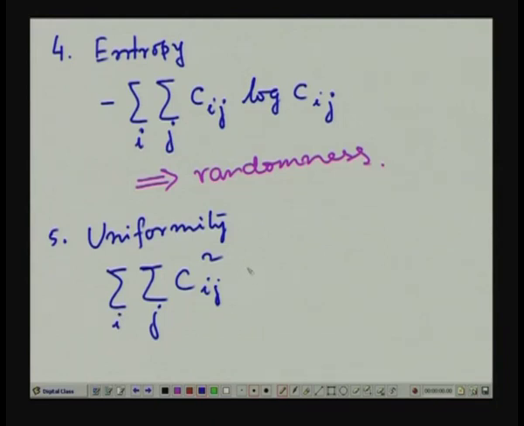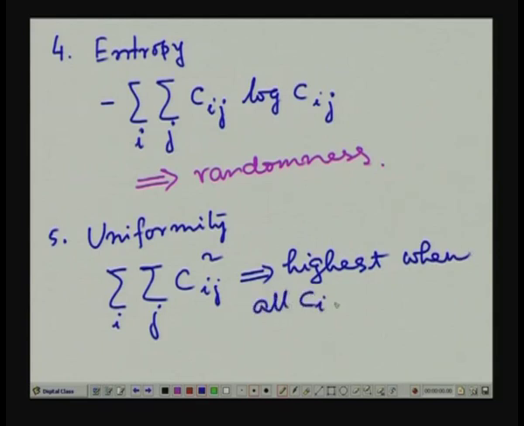You will find that this uniformity will have its highest value when all C I j's are equal. That means the co-occurrence matrix for that particular texture is a uniform co-occurrence matrix.